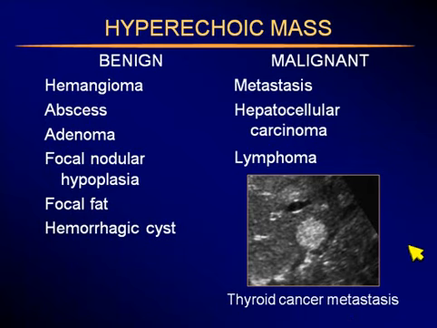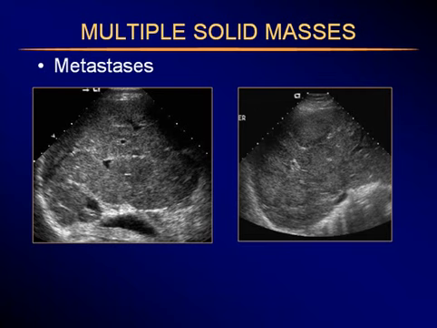So you see, nothing is 100% in the liver. Now, when we talk about multiple solid masses in the liver, the differential diagnosis is metastasis, metastasis, metastasis. But there are other pathologies that can mimic this.